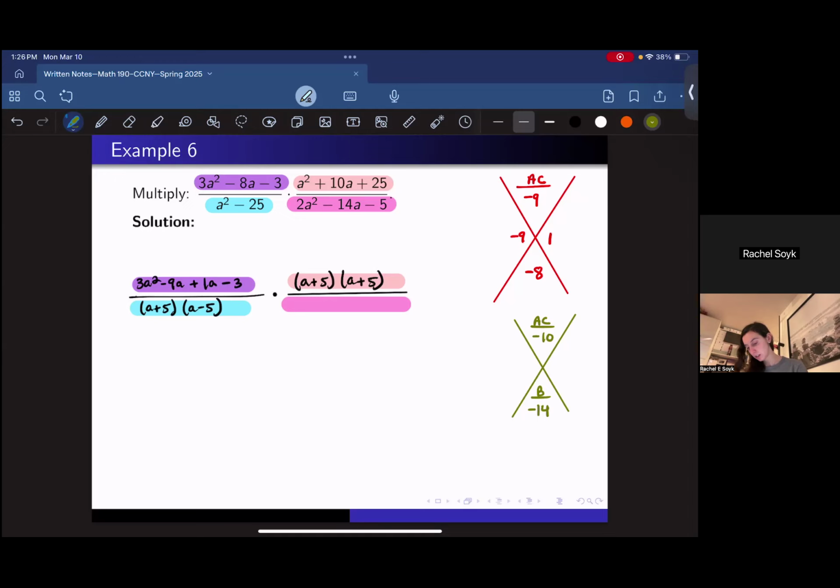I do not think that is possible. Let's see. We have 1, 10, 2, and 5. And that is it. So it doesn't look like that is factorable, so why don't we just write it normally?